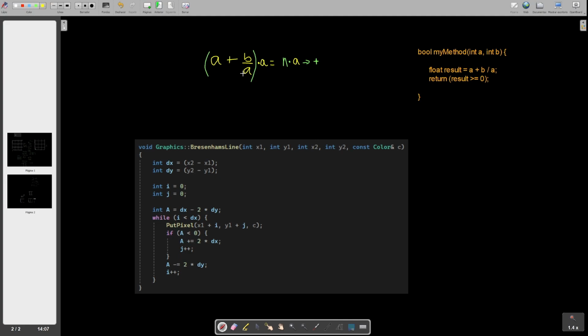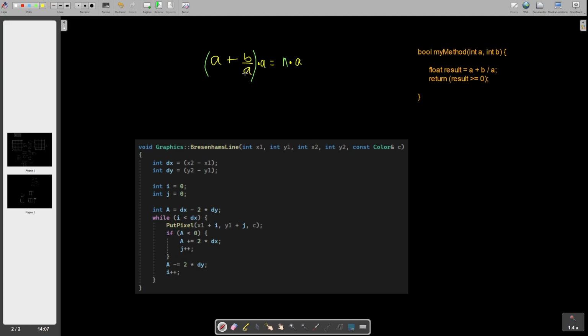to get rid of this floating division, because think about it. If this equation produced n by itself, for me to be able to produce n times a, I'm going to have to multiply this equation by a, right?